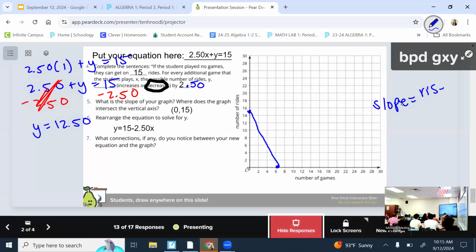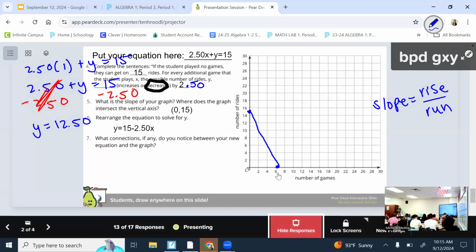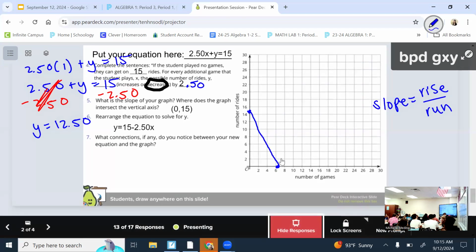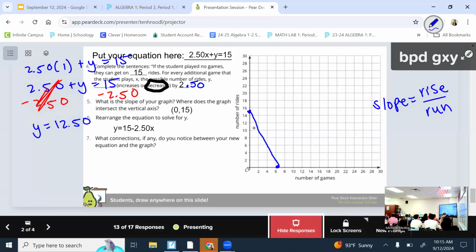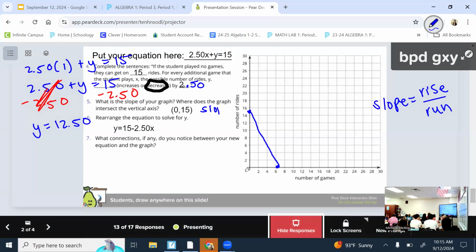So you can count your rise over run from a graph. But with these, the line keeps being too thick and it's hard to do. Okay, but what we should be seeing is that for each additional game that they're playing, it's going down by 2.5. So that is my slope. So for this answer, what's your slope? The slope is negative 2.5.